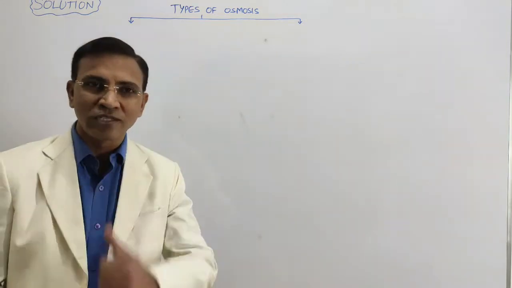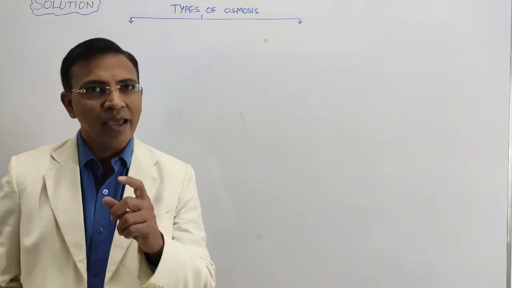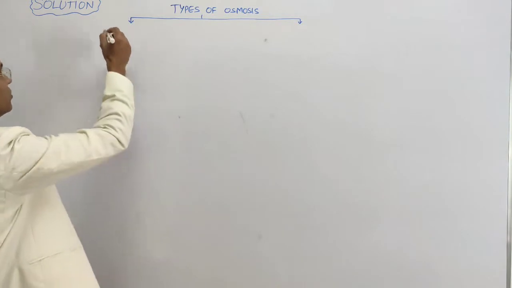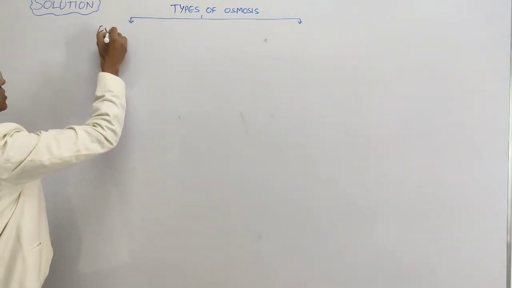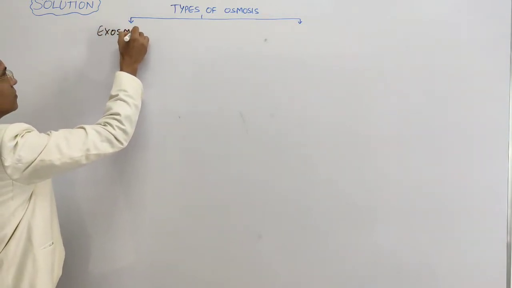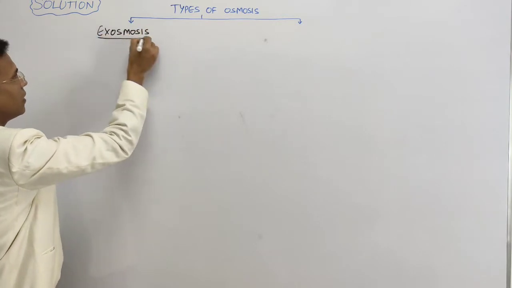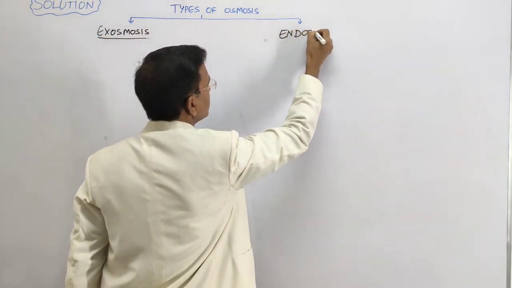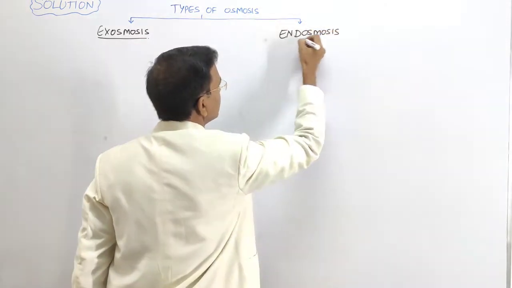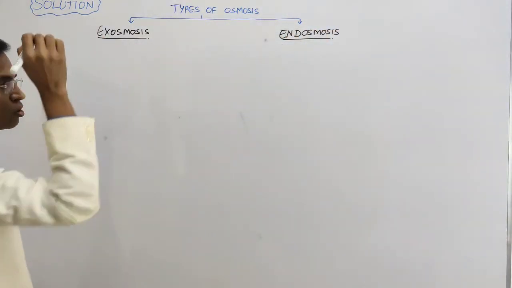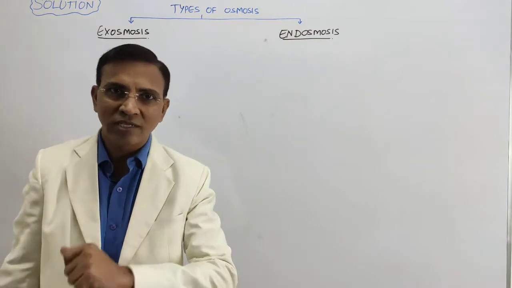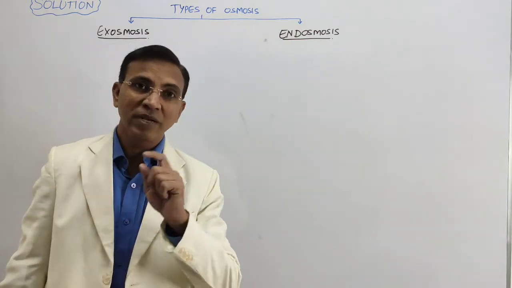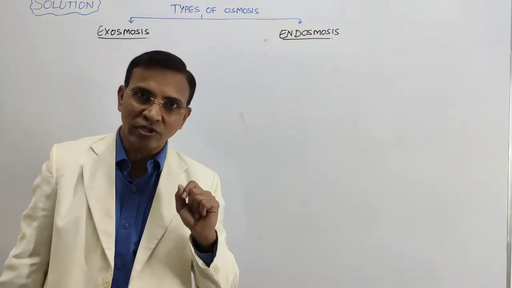Now the types of osmosis, that is exosmosis and endosmosis. In exosmosis, a cell is placed in a hypertonic solution.